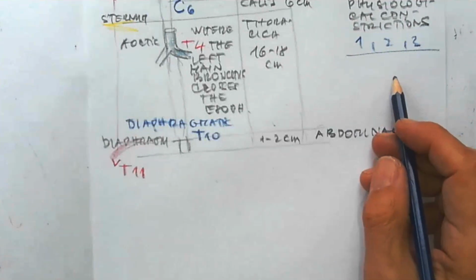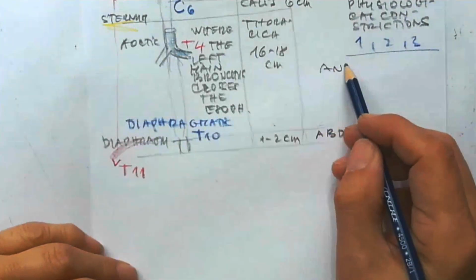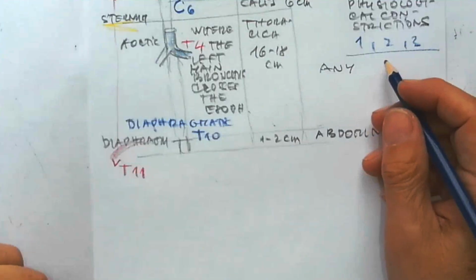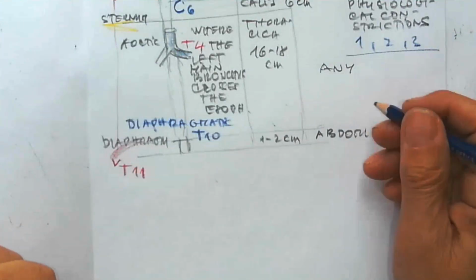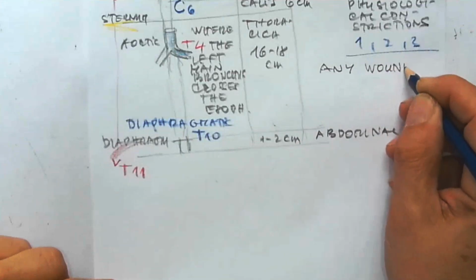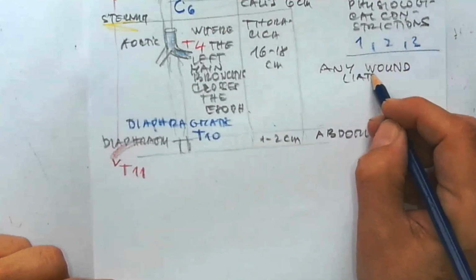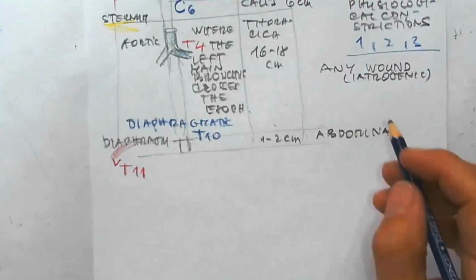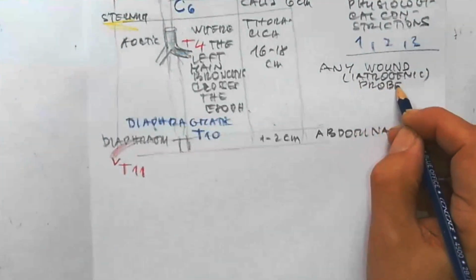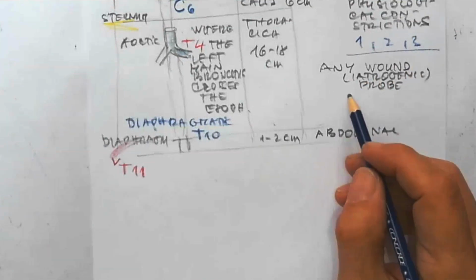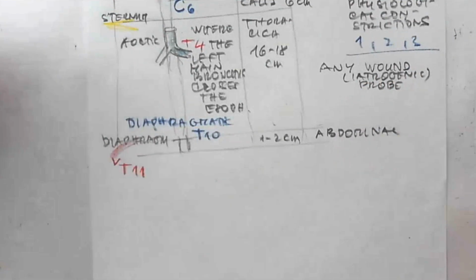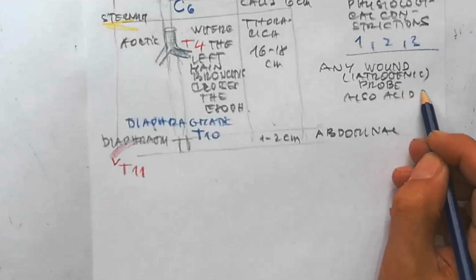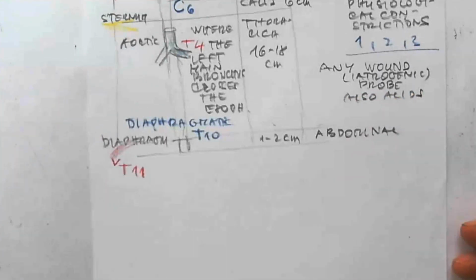The constrictions are important for one fact. Any damage, any violence, any wound, mechanical or iatrogenic, that means in placing a probe inside, and any aggressive chemicals like acids, can destroy the mucosa.